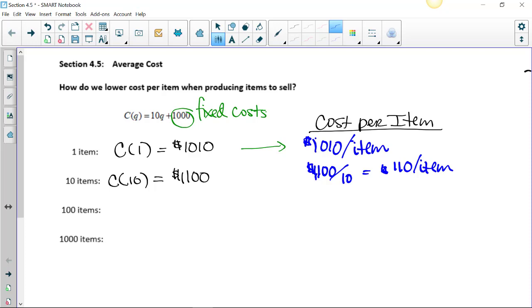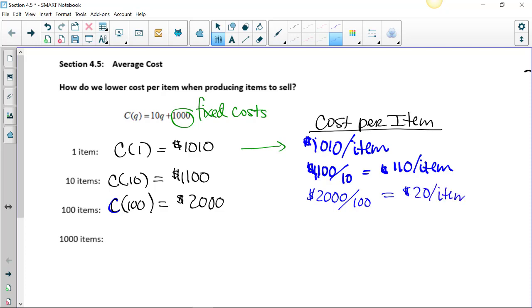So let's continue on and see what happens. My total cost for producing 100 items, if I substitute that into my cost function, gives me $2,000. That means my average cost per item at a 100 item production level would be the 2,000 divided by 100, which is going to give me $20 per item.